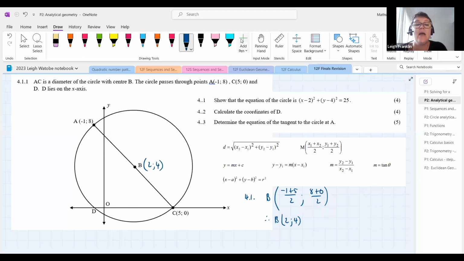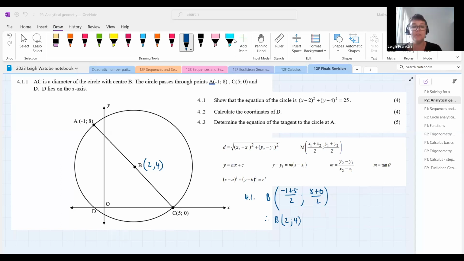Lovely. That's it, Amahle. And now, how are we going to calculate the length of the radius? What should we do here? Can anybody tell me? Okay, that's it.